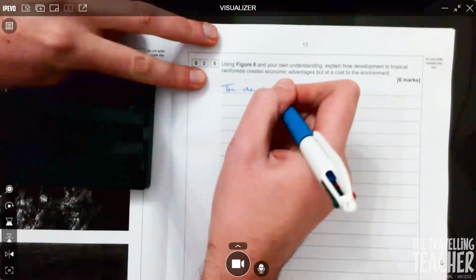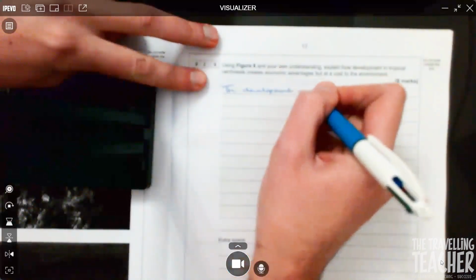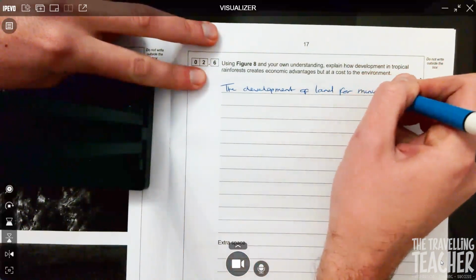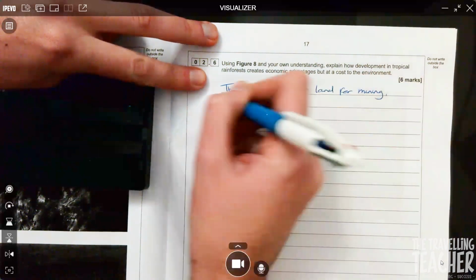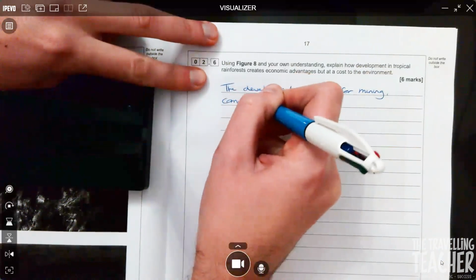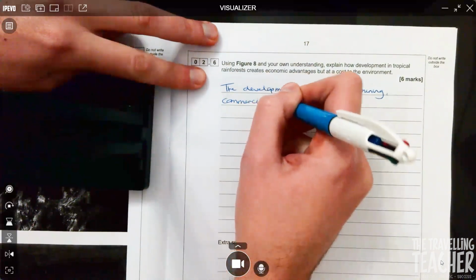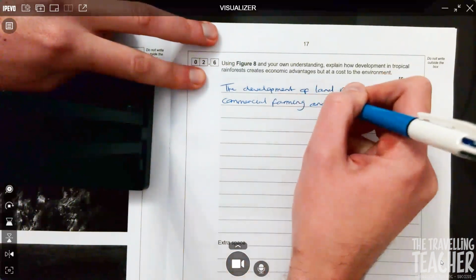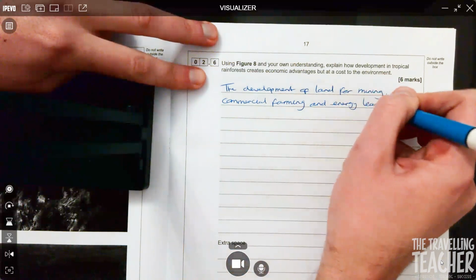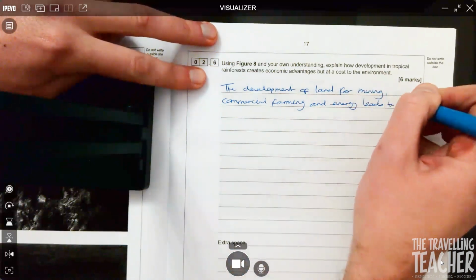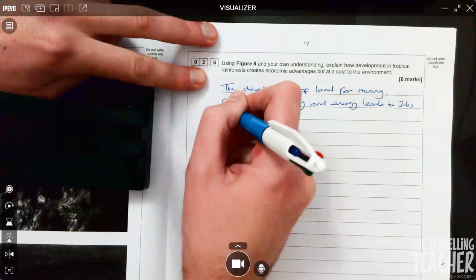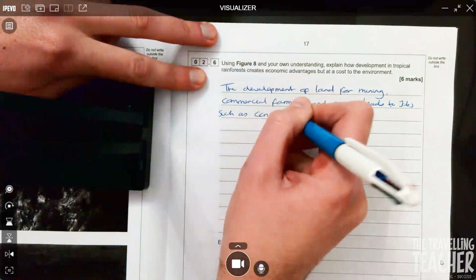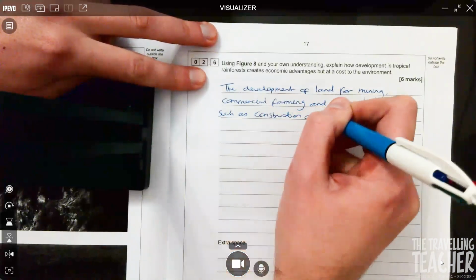The development of land for mining, commercial farming and energy leads to jobs such as construction and farming.